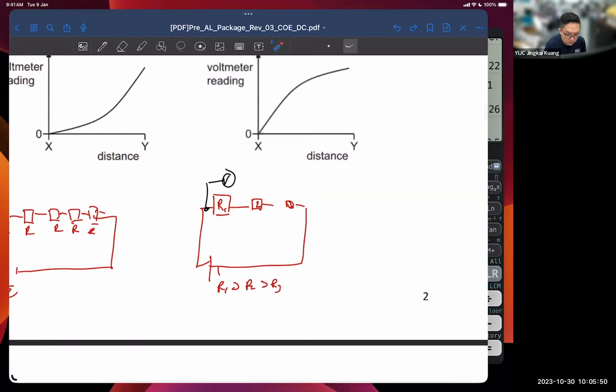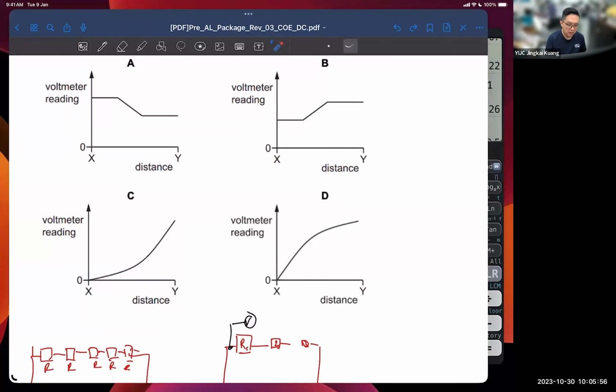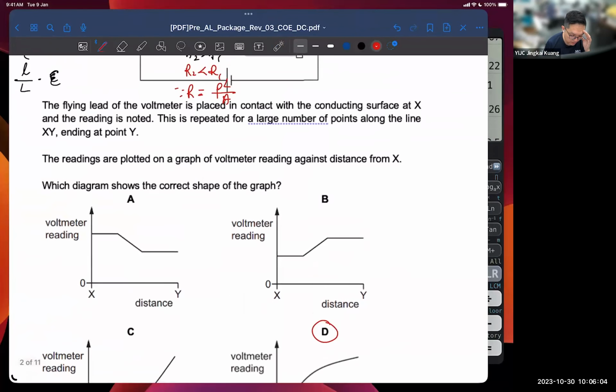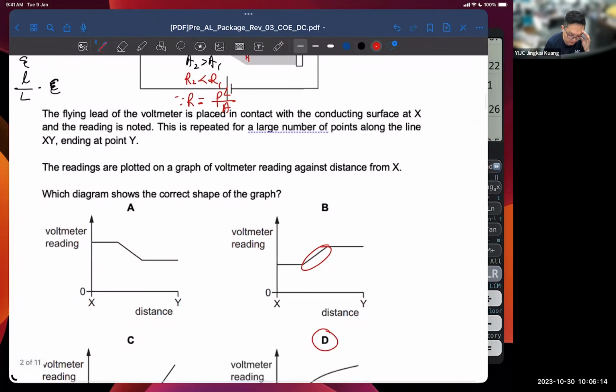So the best answer for this one here is D. Why D and not B? B, yes, sure, there's also an increase in voltmeter reading. But the main issue is with the portion in black.